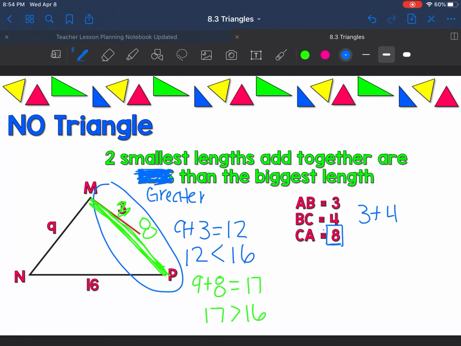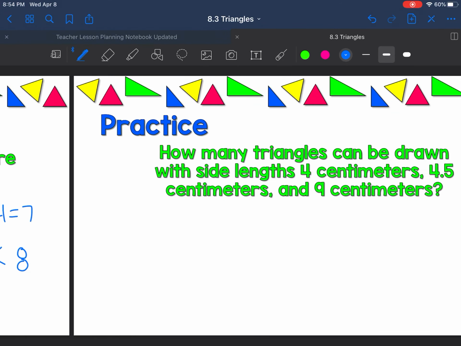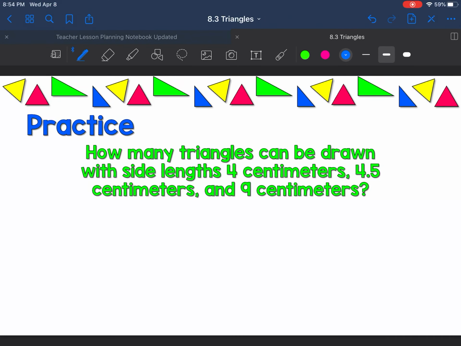So that means that I need to add together 3 and 4, and it needs to be bigger than 8 in order for it to be a triangle. Well, what's 3 plus 4? 7. Is 7 greater than or less than 8? It's less than. So that means that this is no triangle because it will never be able to connect.